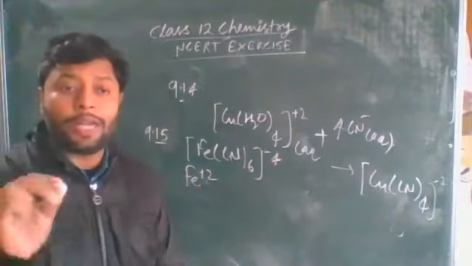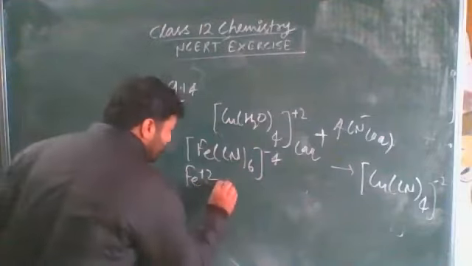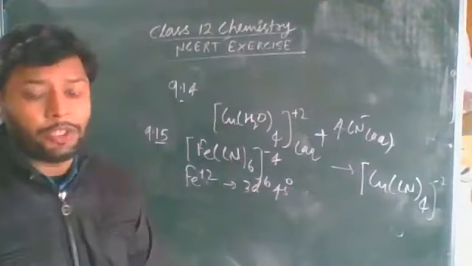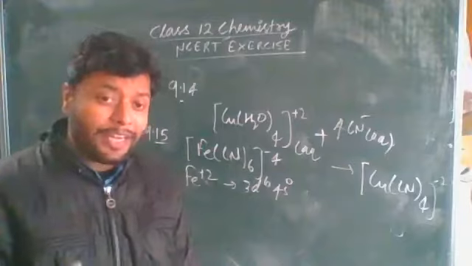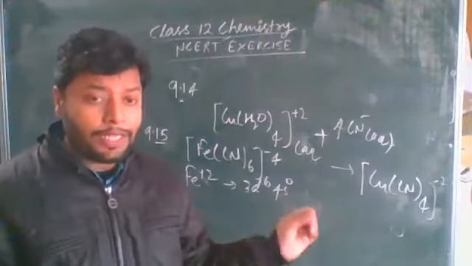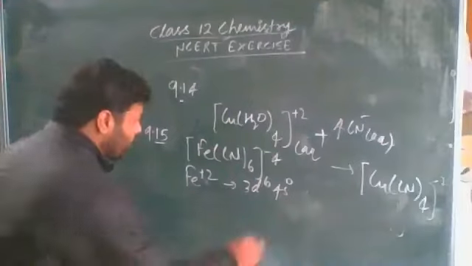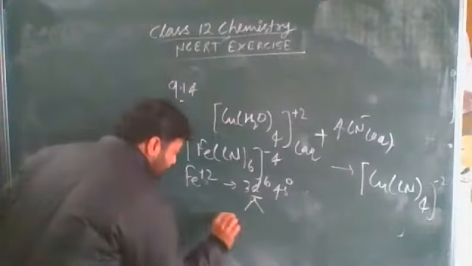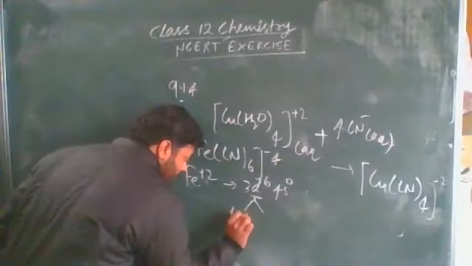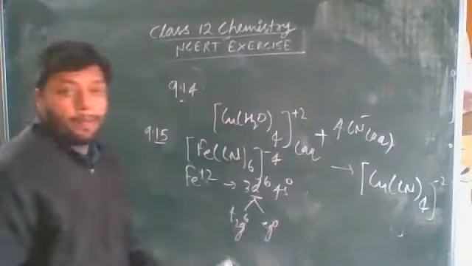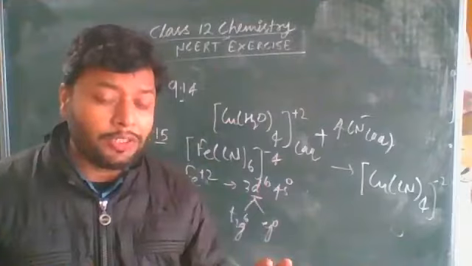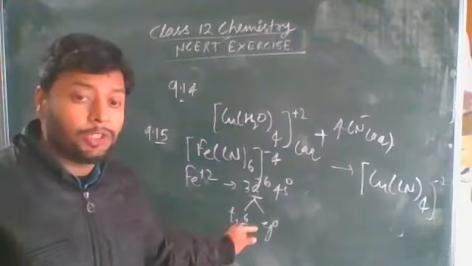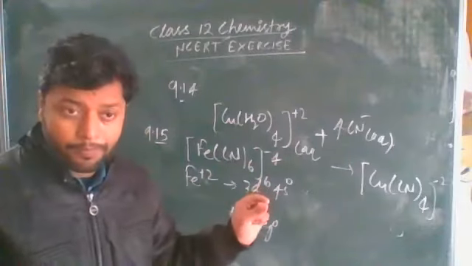Then you should write the electronic configuration of Fe²⁺, that is 3d6 4s0. Now we know cyanide is a strong field ligand, so there will be splitting of d orbitals. But according to valence bond theory, this splitting and the t2g and eg configuration is not explained.